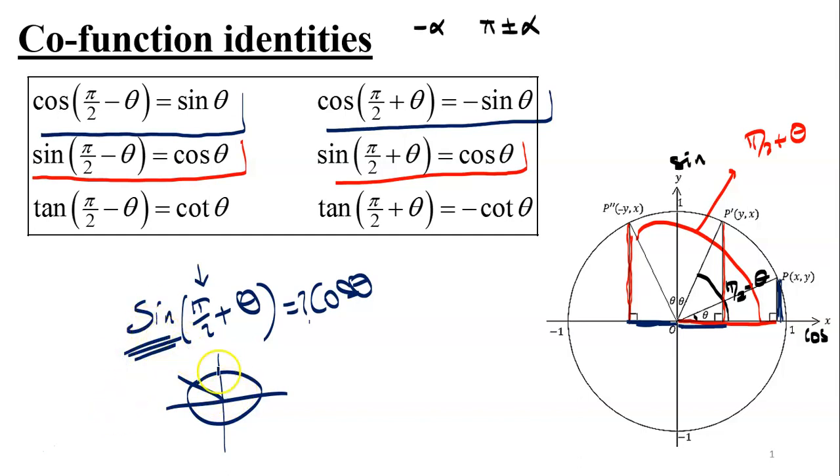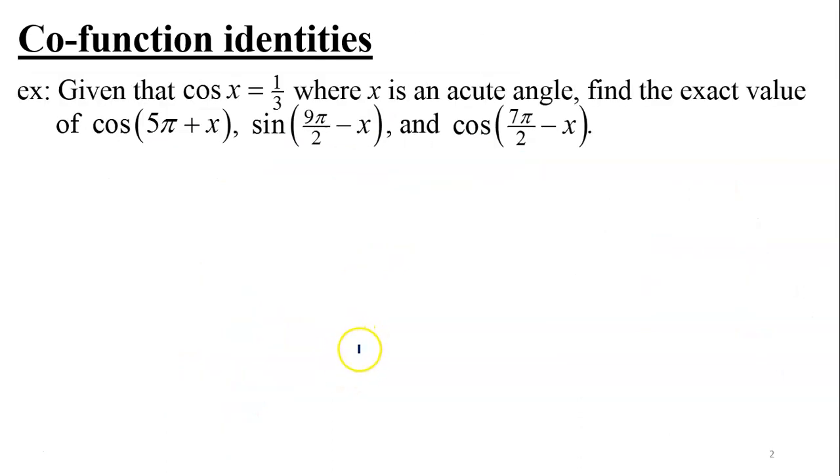The original function is sine, so that is positive, so I know for a fact that this is a positive cosine. You could use this trick in order not to confuse the identities and be able to apply them properly.